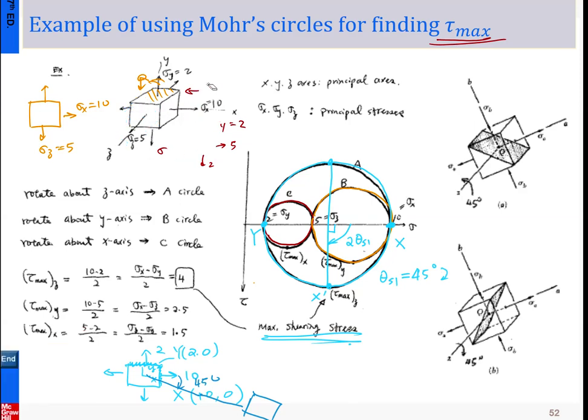So let me get rid of unnecessary information. Right now we know we're going to rotate from this view by 45 degrees. In that 45 degree orientation, the maximum shear stress occurs. So rotating the three-dimensional block by 45 degrees, this is the orientation in which the maximum shear stress will occur on this plane.